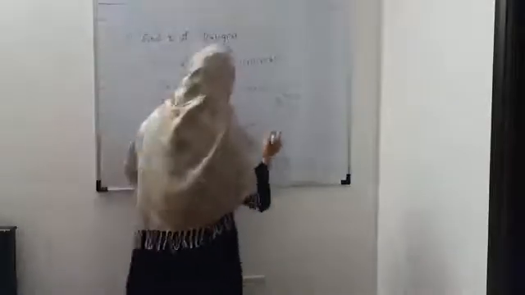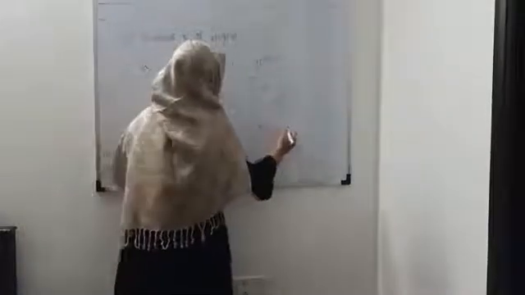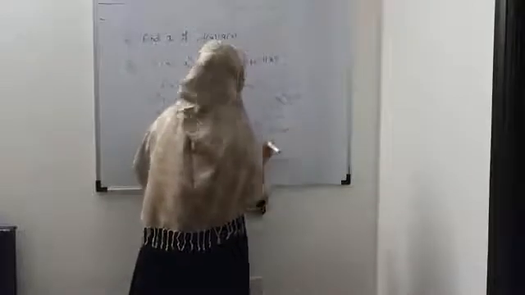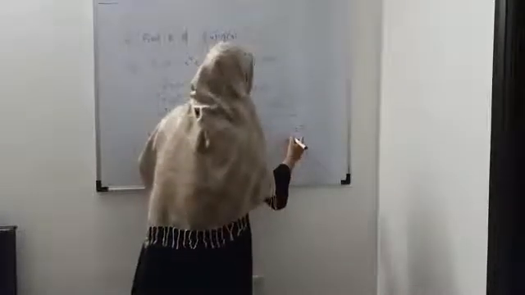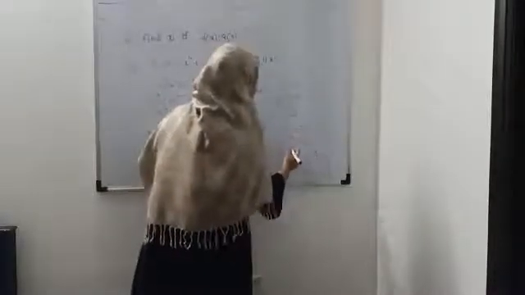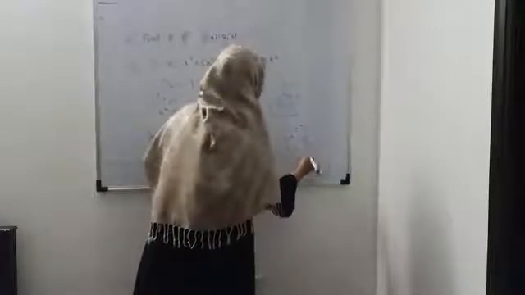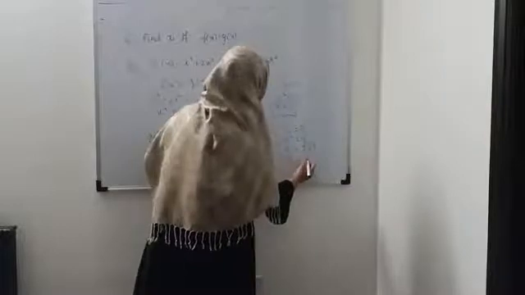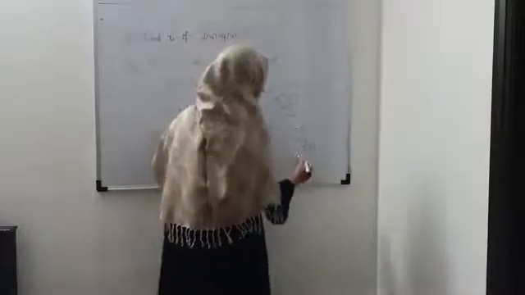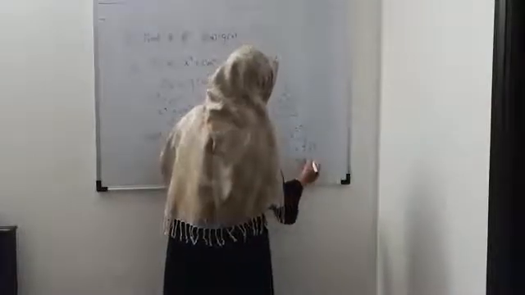Now case 2. If your t is equal to 9, then x square is 9. Then x will be what? Plus minus under root of 9, that is x is equal to plus minus 3.